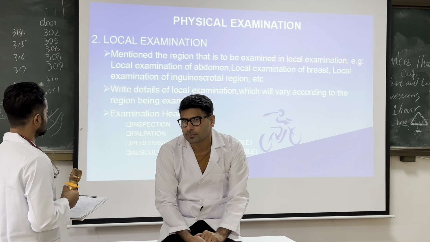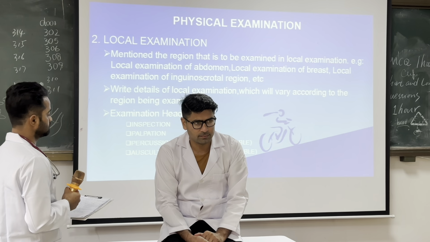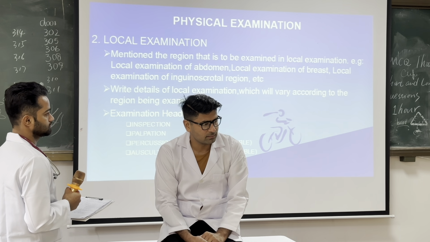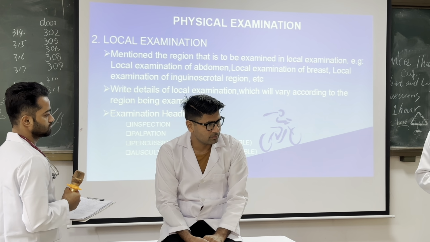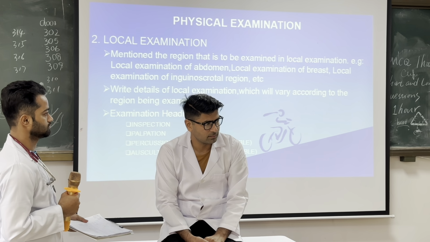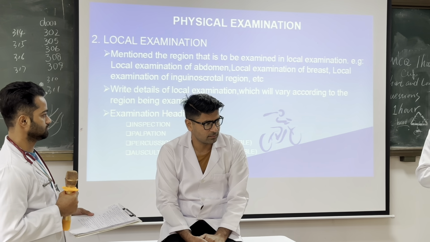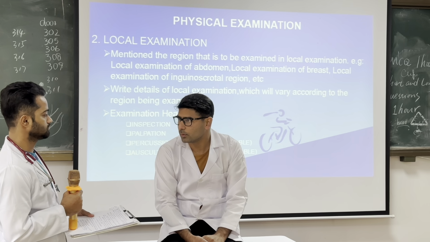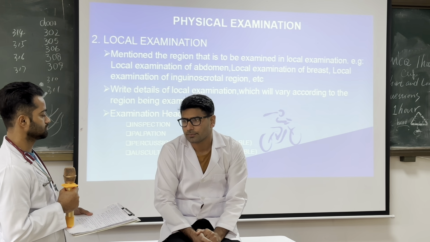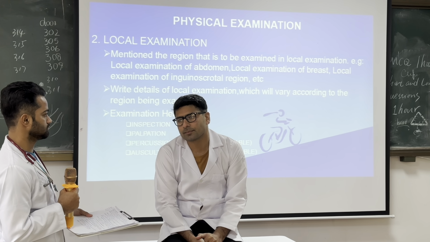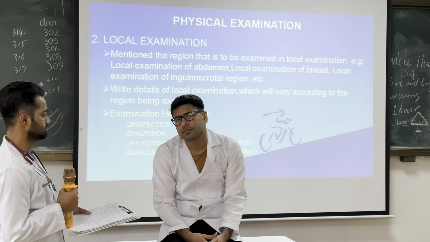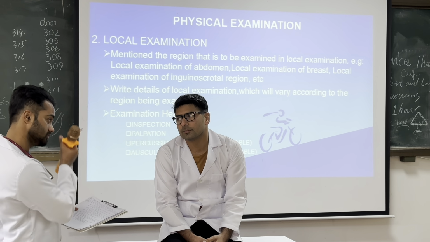Inspection is by eyes and palpation by hand. For the abdomen, I will palpate with the hand, and then we will do percussion by tapping. Then with the help of a stethoscope we will auscultate and listen to the bowel sounds. We will also listen to the heart sounds.